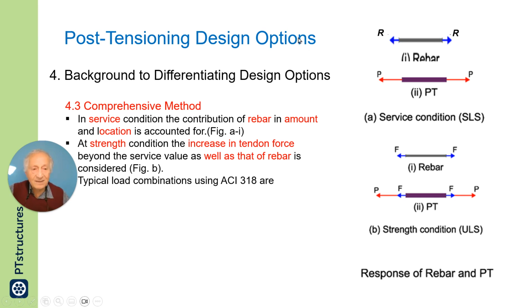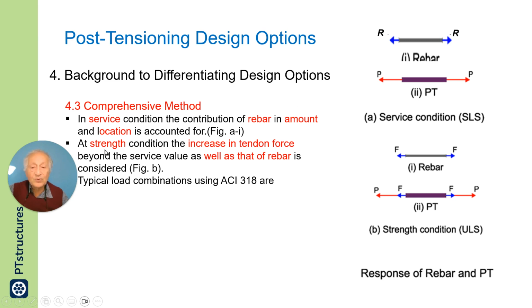Its presence in providing stiffness, in resisting deflection, was ignored. In this scheme, rebar will add stiffness. Rebar will resist in service condition deflection of the member, deformation of the member.